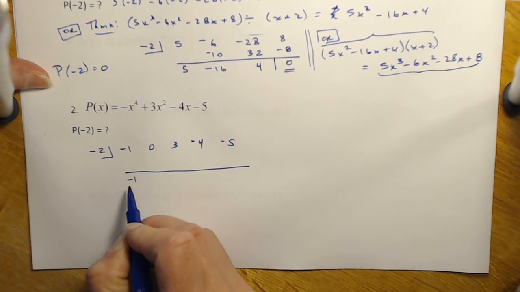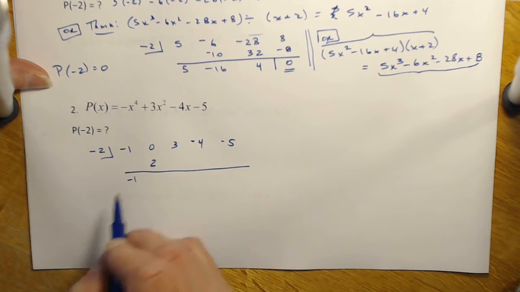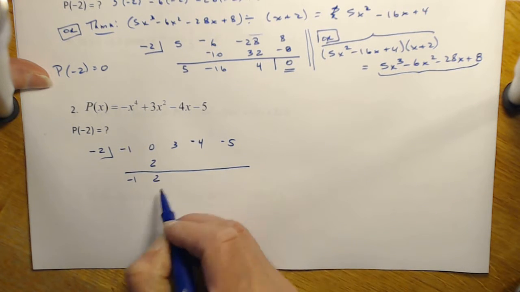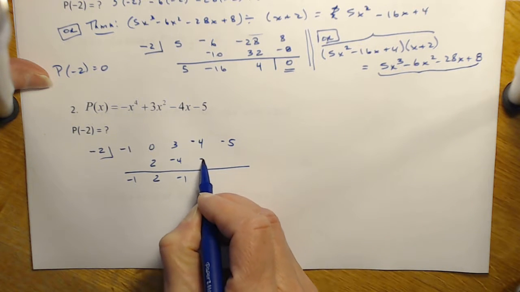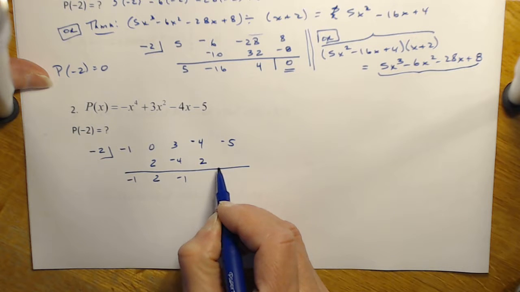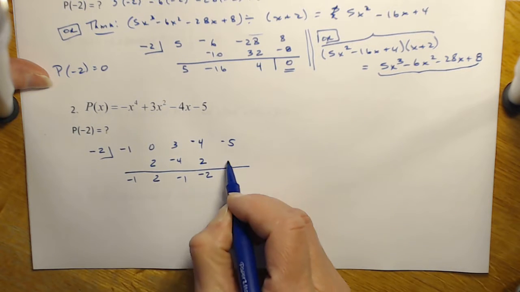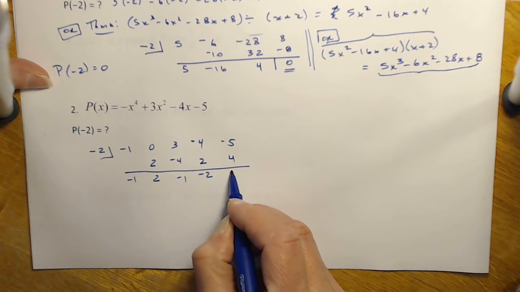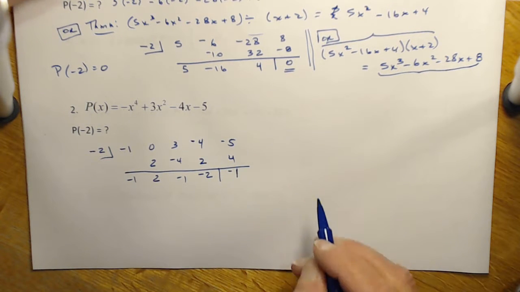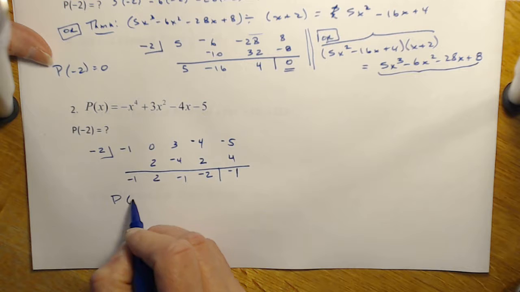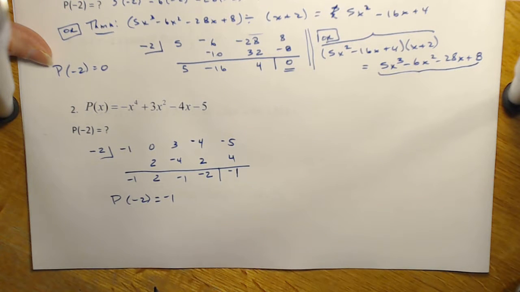And so first one just comes down, multiply, that goes in the next column. Always add coming down, multiply, add coming down, multiply, -2 times -1, add, multiply, and then add. Okay, now notice there's a remainder here of -1. So again, I would claim that p of -2 is -1.